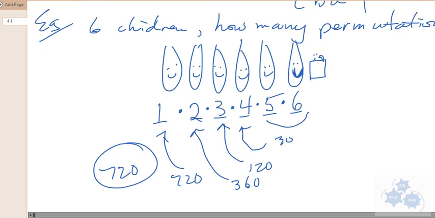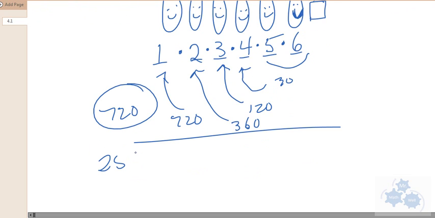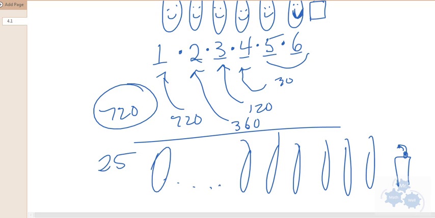Now, if this situation changed, and we had a full class of, let's say, 25 kids, and we have the same water fountain, this is the grade 1 class. Now we've got the grade 5 class, and they're all lined up, right? I'll save you the time here, but okay, 25.